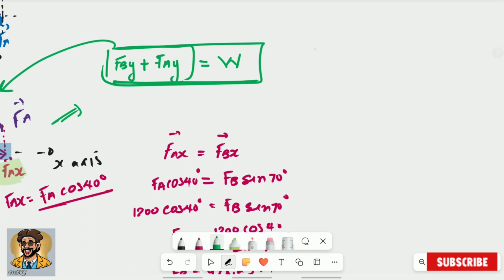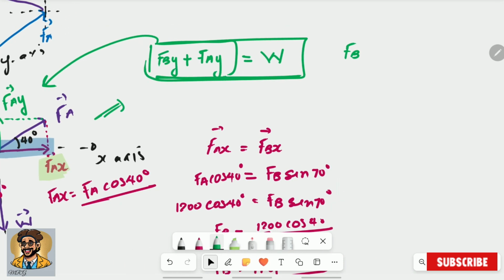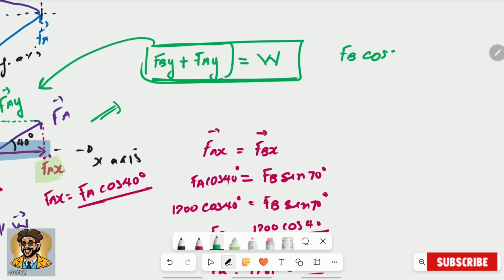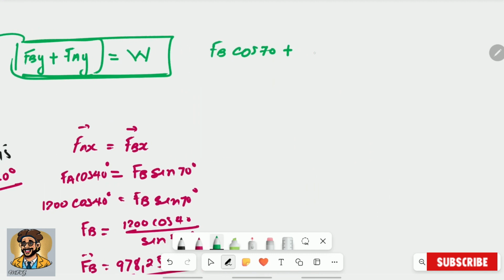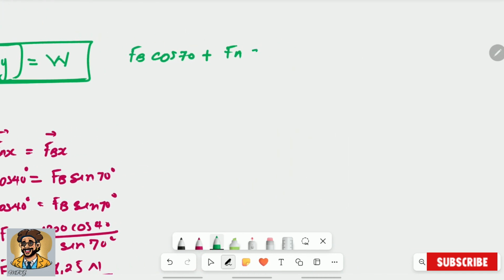Okay. So in this case we have that Fb multiplied by cos 70, plus Fa, which is opposite, sine 40, is equal to W. And the rest is substitution.